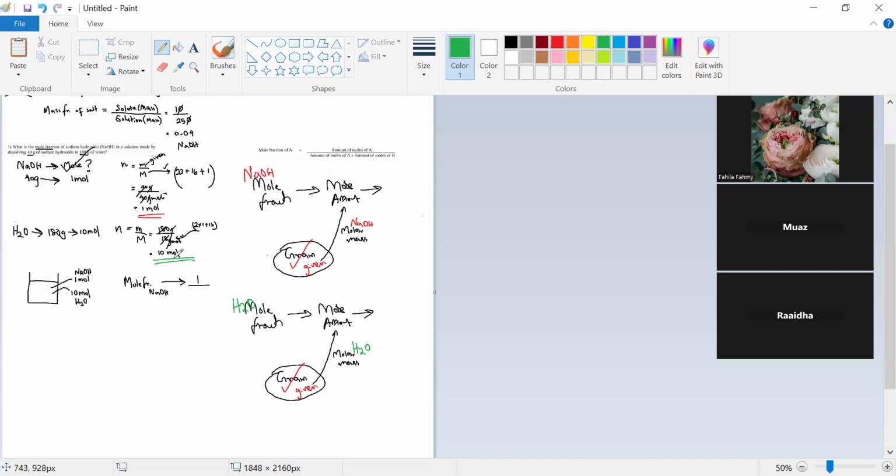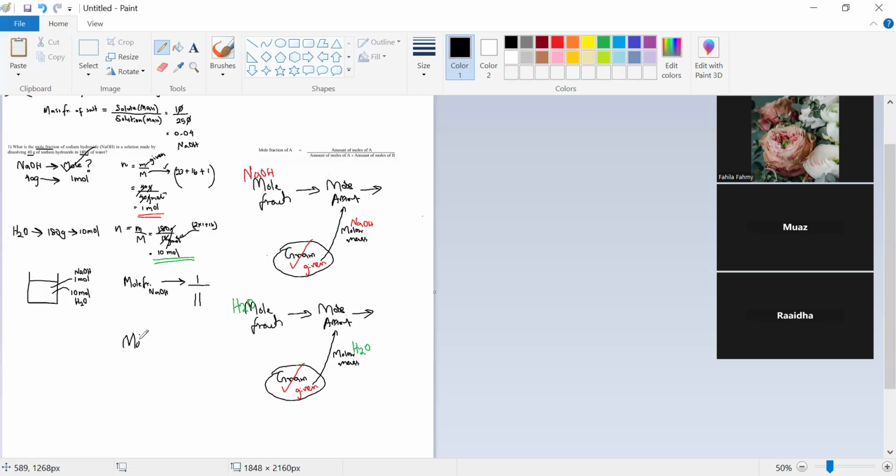So what's the total? It is 11. Does that make sense? Yeah. We are adding moles now because we are finding the mole fractions, Puta, not mass fractions. So the mole fraction of sodium hydroxide is 1 over 11.